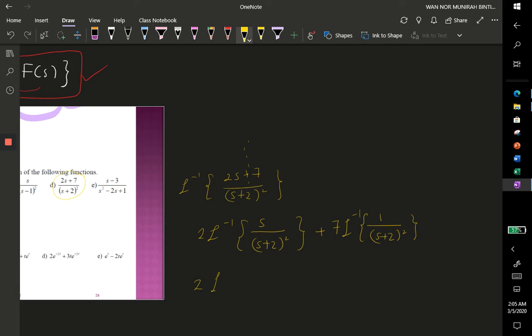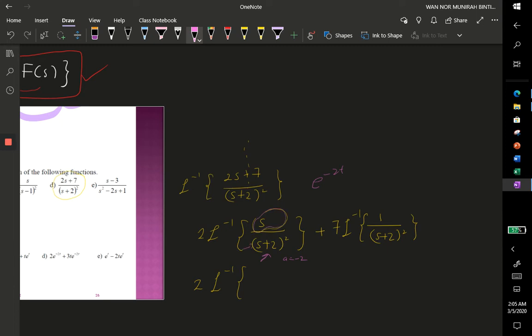Be careful. If you have s at your numerator, you must do something. Check your denominator. Your a here is from s minus a. You have s plus 2, therefore your a is negative 2. We know that after this, we want to take out e^(-2t). But in this one, your a is 0, s minus 0, so your numerator must follow your denominator.